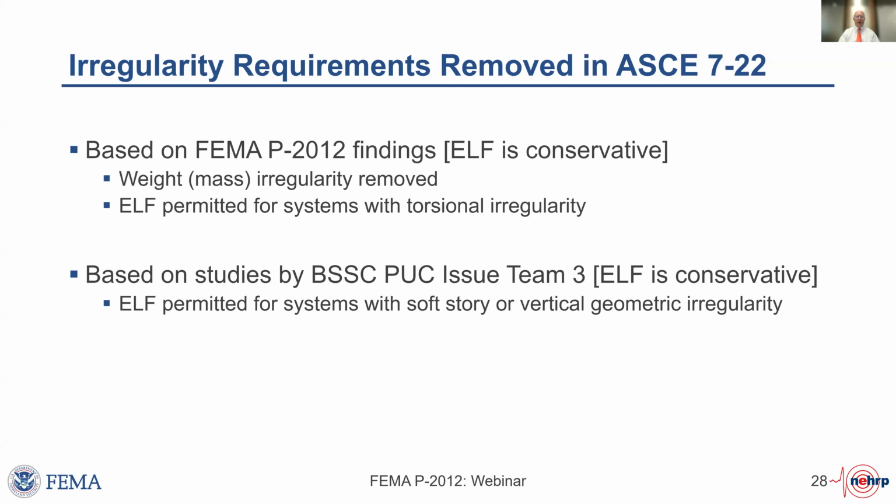So we took away that prohibition. The Building Seismic Safety Council Provisions Update Committee Issue Team 3, which develops the NEHRP recommended provisions which feed into ASCE 7, did some of their own studies in parallel with our study. And they found that ELF could be permitted for systems with a soft story or vertical geometric irregularity. So the prohibitions on ELF were removed there as well, primarily due to the conservatism of the ELF method.